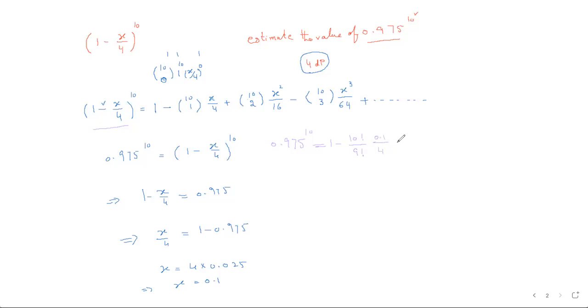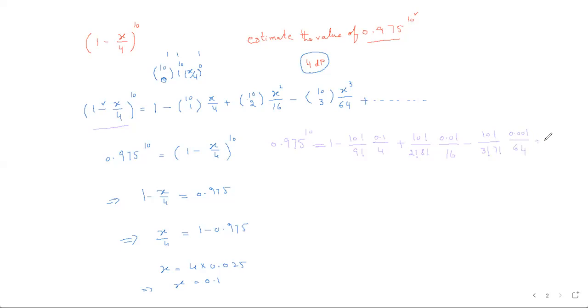And then plus again 10 factorial divided by 2 factorial and 8 factorial, and 0.1 squared is 0.01, divided by 16, and then minus again 10 factorial divided by 3 factorial times 7 factorial, and x cubed, 0.001, divided by 64.